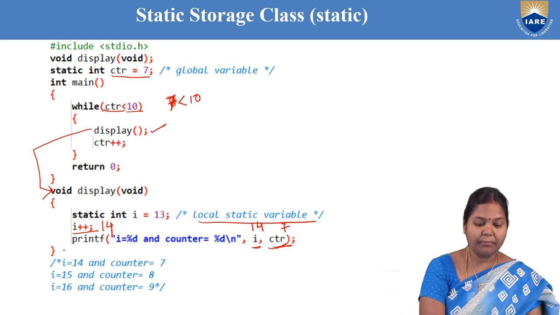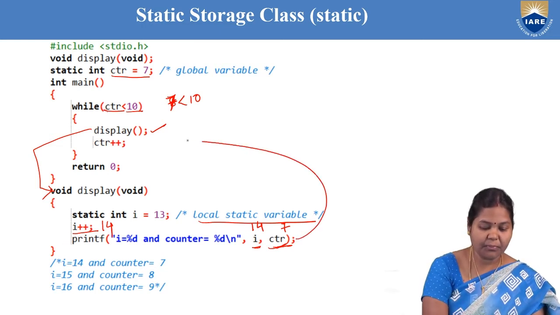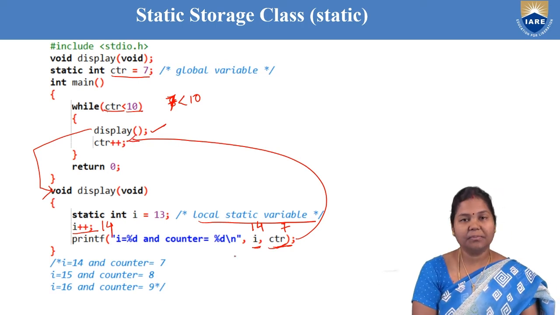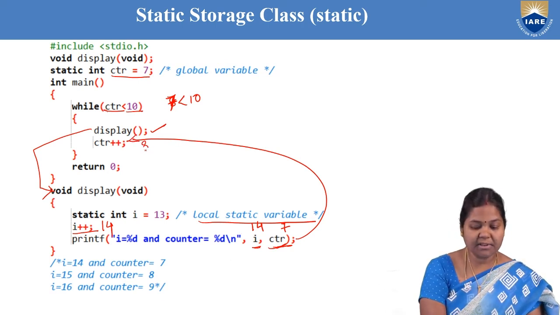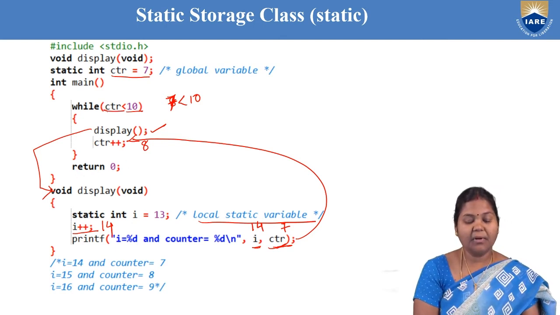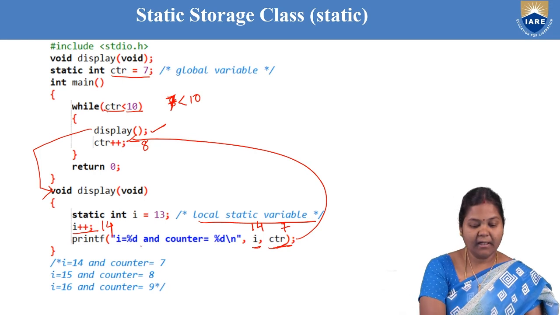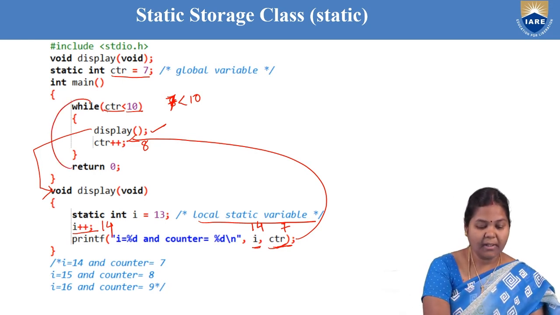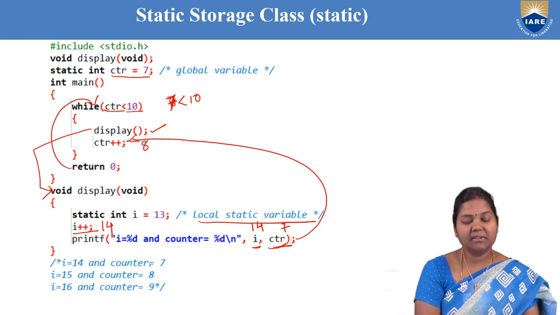Now, what will happen? After executing this, the control will go back to the program and it does counter++. So now counter becomes 8, and after that return 0. Then the value of counter is 8 and again it will go to the loop and check whether the counter value is less than 10.